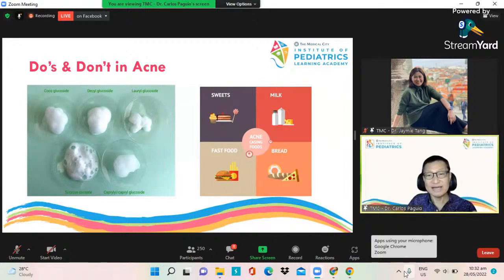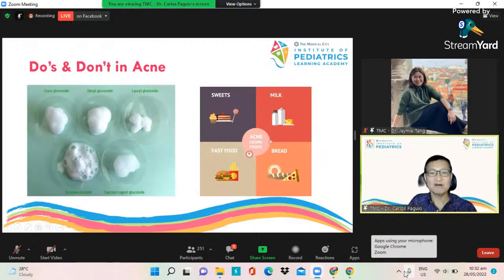So do's and don'ts. Next, do eat well. Don't eat these things. First and foremost, sweets. Sabi niya, Doc, wala dyan ang oil. Well, contest fast food. But we've seen in our studies that sweets are more notorious in producing more pimples than oily substances.